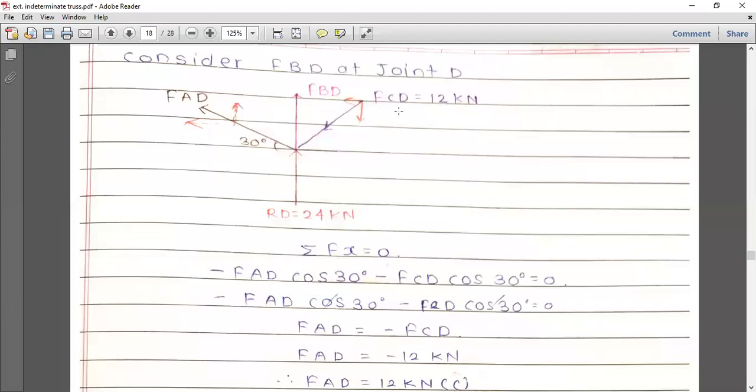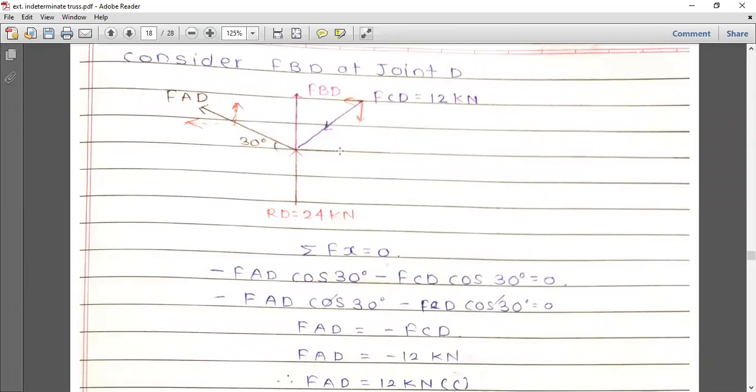Previously we have got force in member CD as 12 kilonewton, which is compression. Compression means arrow towards joint, so show this arrow towards the joint. Okay.